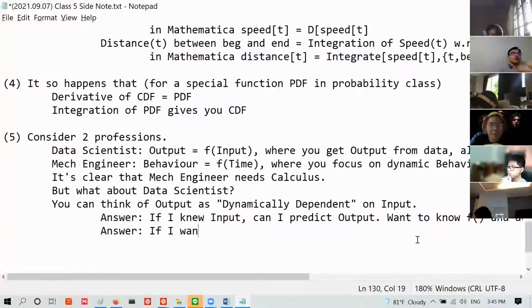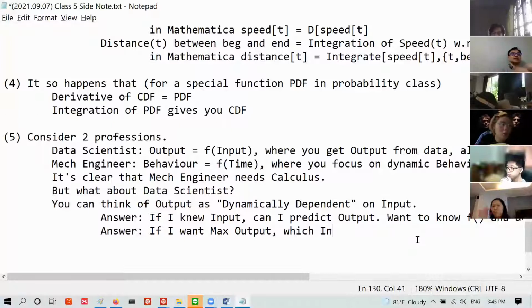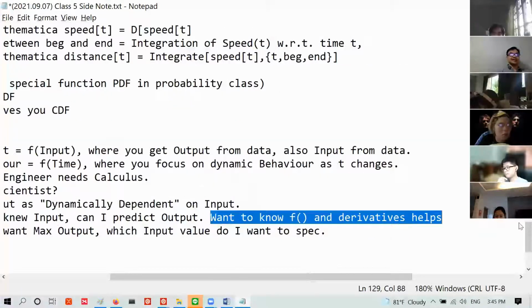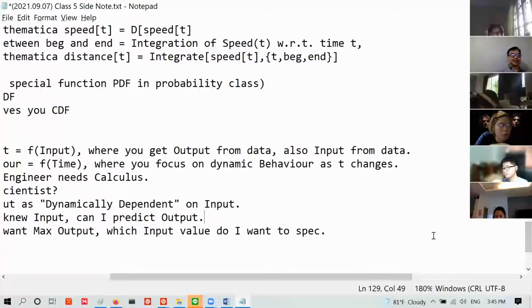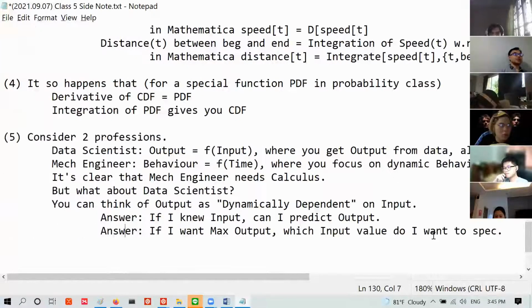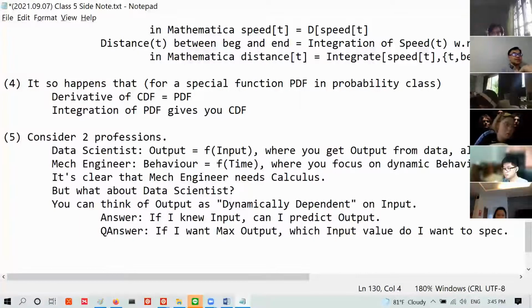If I want the best, maximum output, which input value do I want to expect? So those are the two questions you ask.